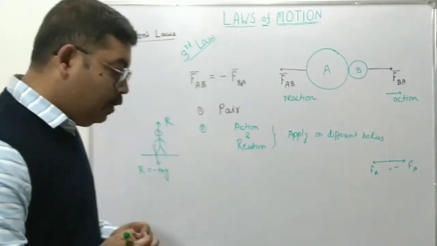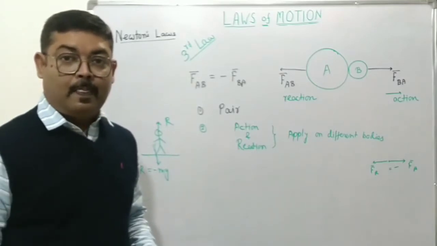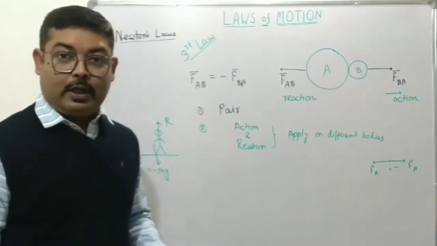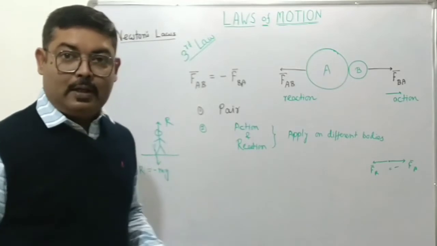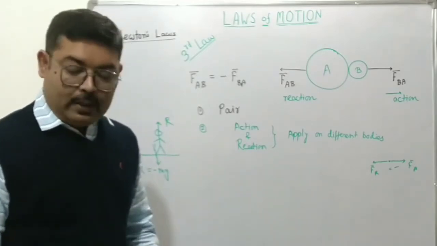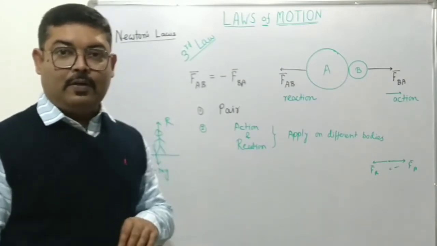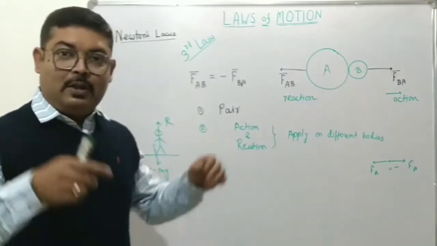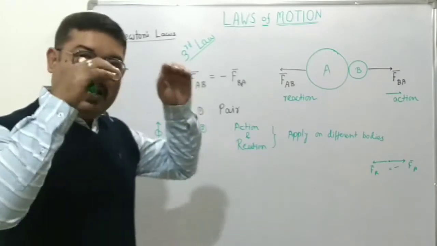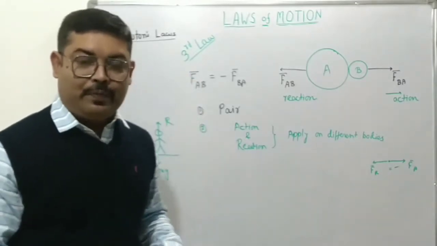That's why you do not sink into the ground, because the contact reaction force against your weight on your feet, towards the upwards direction, balances the weight of yourself. If there were no force, if you are released in space, you will accelerate downwards, as you know, you will fall.